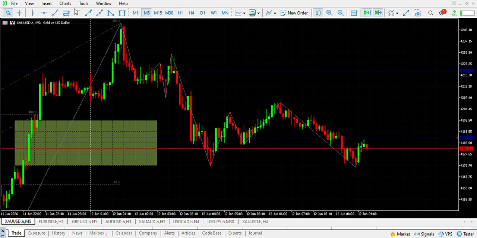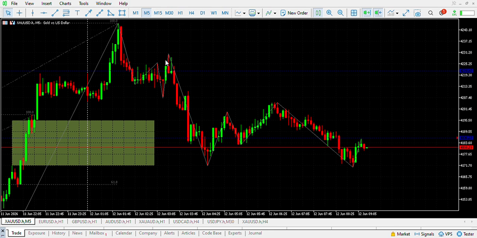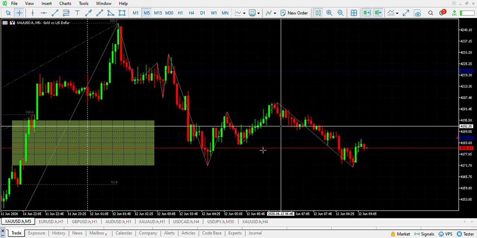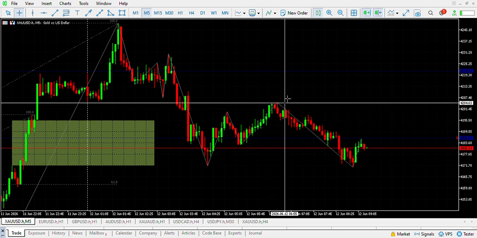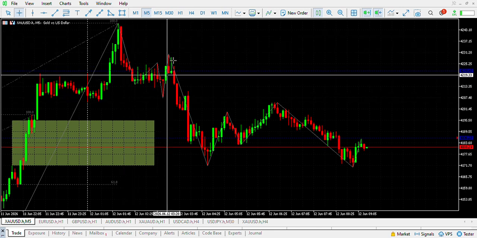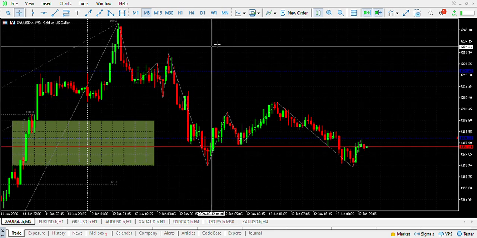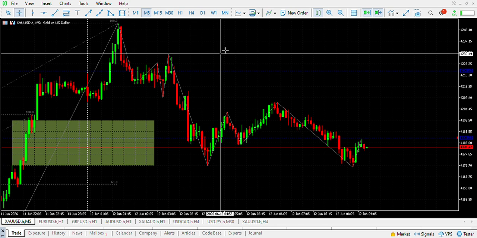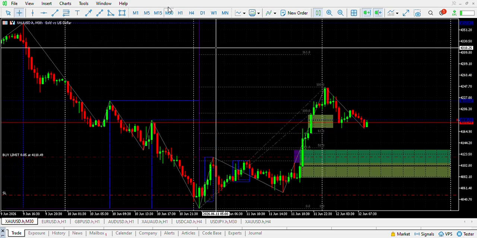So far, you can see the market broke here, A, B, C, D, A, B. There's no C yet because there's no breakout here yet to confirm this as a C. Okay, so for now, we just have A, B, C, D. So this is basically our major resistance on 5 minutes. Okay, so that is just an update on what I expect of the market. I hope this helps.